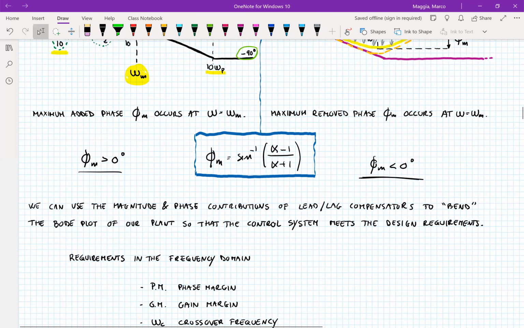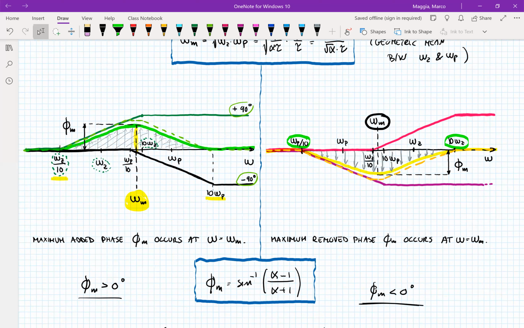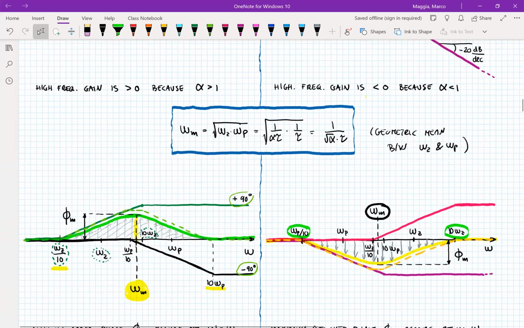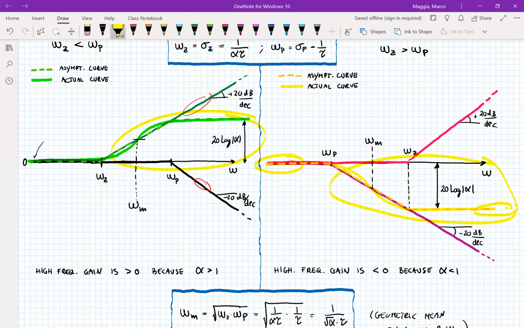All right, so how can we use the fact that we are adding or subtracting phase? Well, not only are we doing that, but if we're looking at the magnitude plot, we're also doing something else. We are raising the gain for high frequencies for the lead compensator, and we are lowering the gain when it comes to a lag compensator.